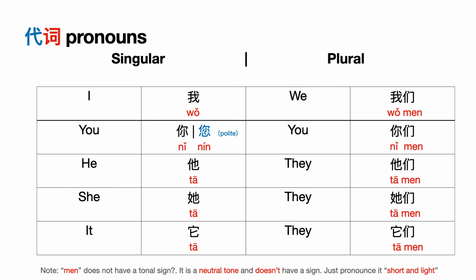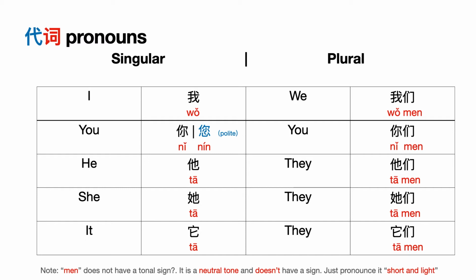Like many other characters we'll see later in the future. Okay, let's do you, many people. 你们, ni, men, 你们. 他们, they, ta, men, 他们. It's the same for they, which refers to a group of women, 她们.